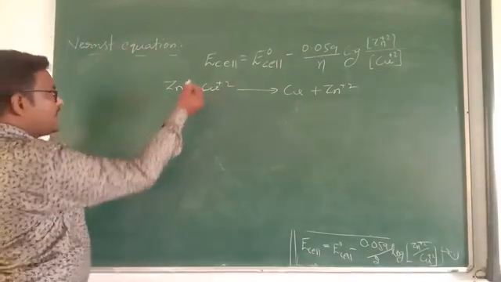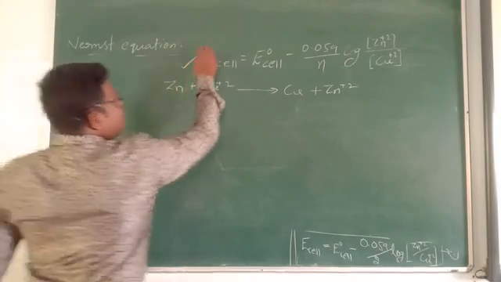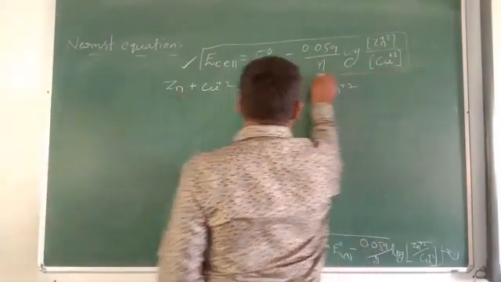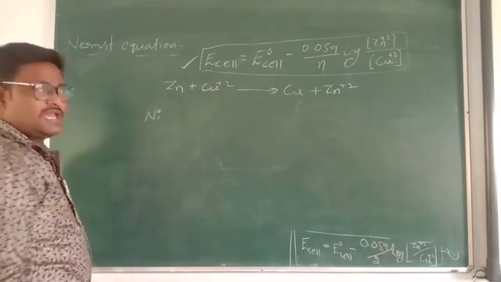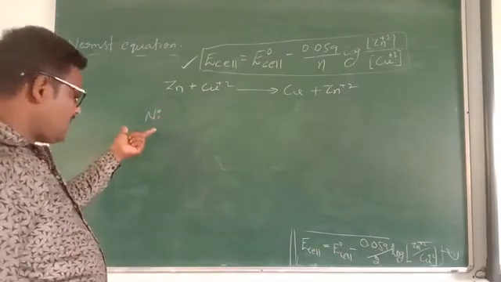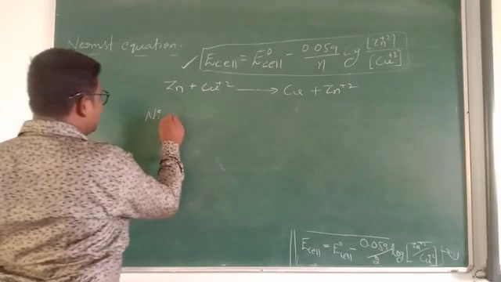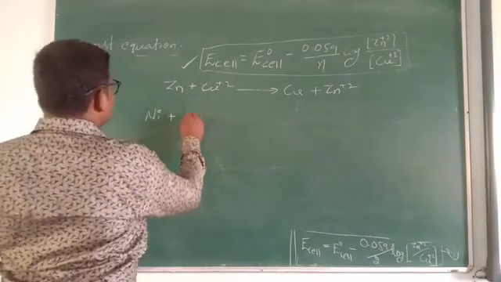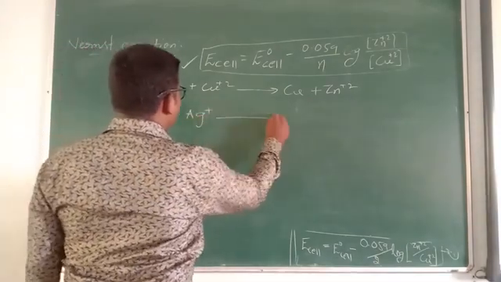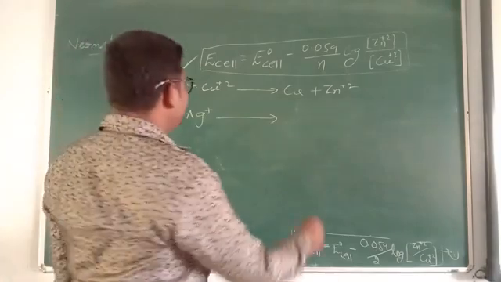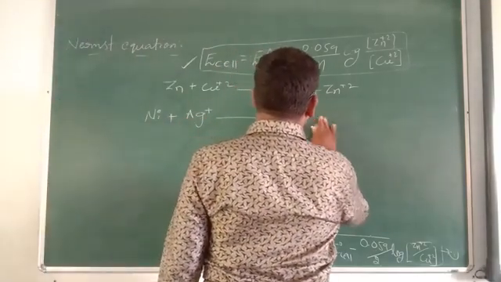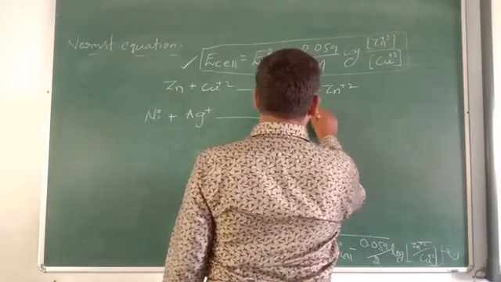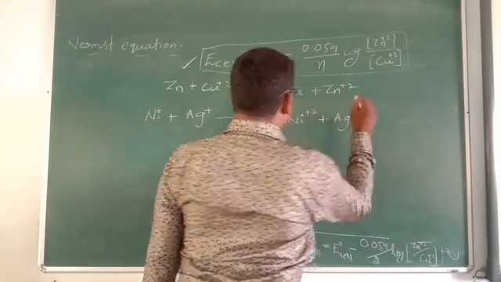Similarly, you can apply this equation to another cell, the galvanic cell. Nickel reacts with silver ion solution, forming nickel solution plus silver metal.